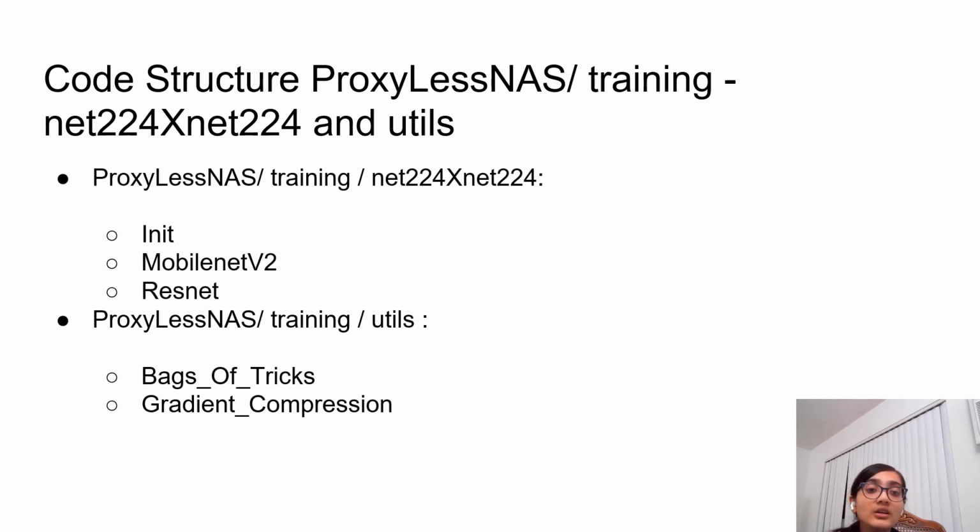And the Proxyless NAS in utils consists of bags of tricks and gradient compression. Bags of tricks covers what tricks to use to make the neural network more accurate and to increase its performance on various tasks. This is what is explained and implemented in bags of tricks.